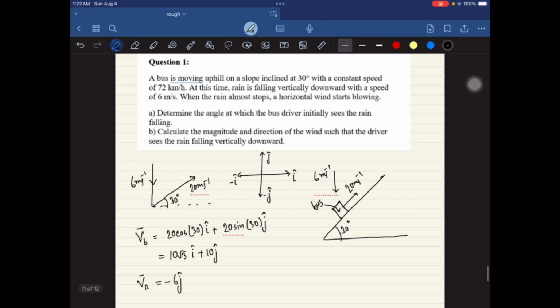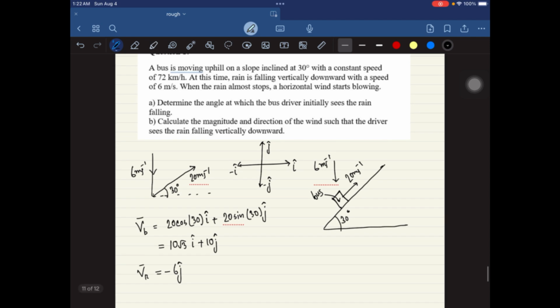Now I need to determine the angle at which the bus driver initially sees the rain falling.